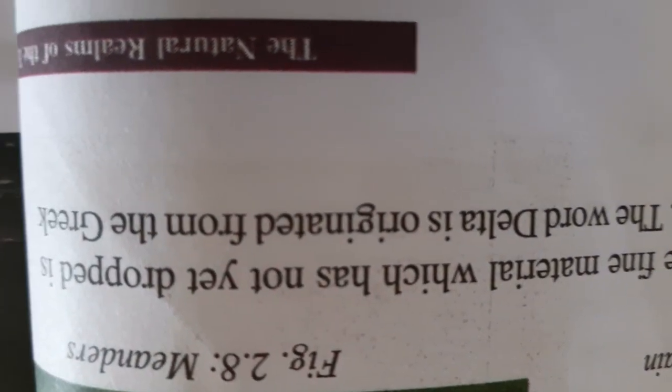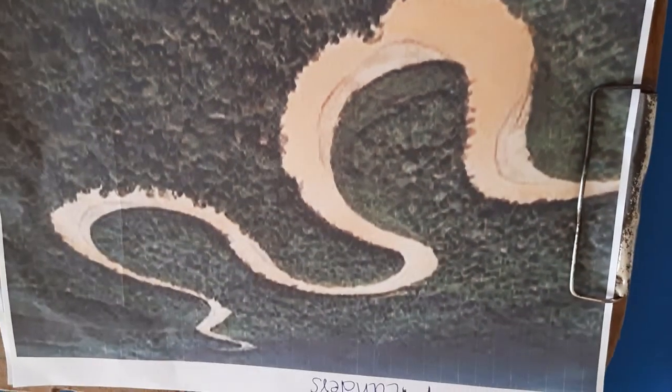The word delta originated from the Greek alphabet delta. We already studied in previous classes, 7th class. What is delta? Before entering into the sea, the river forms a delta.